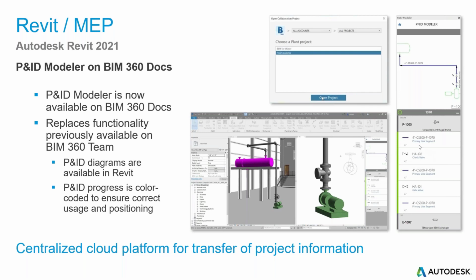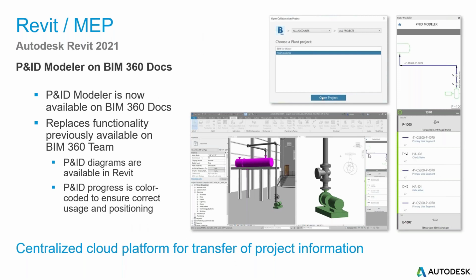Basically, you can use P&IDs in Revit directly, and you can even monitor the progress using color codes, so that you ensure that everything is positioned the right way, at the right location. So it's a bit of a spec-driven workflow as well here, between P&ID and Revit using the P&ID modeler.